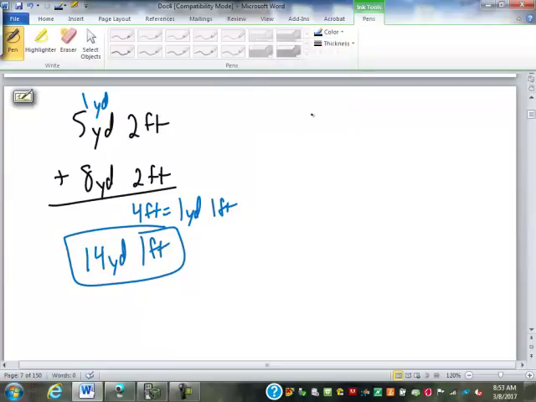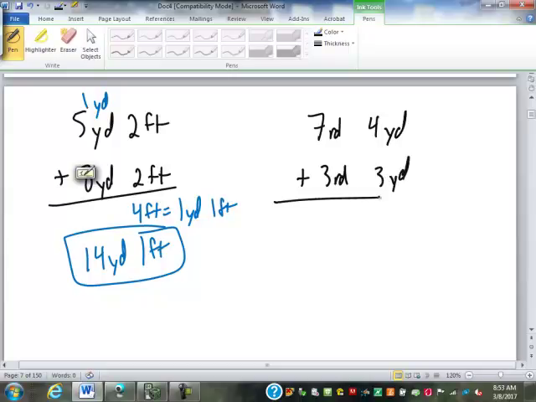Or we might have 7 rods, 4 yards, and 3 rods, 3 yards. So we add 4 plus 3 is 7 yards. How many yards does it take to make a rod? 5.5.